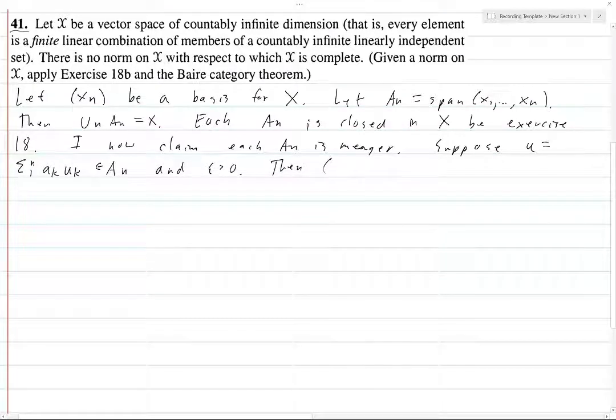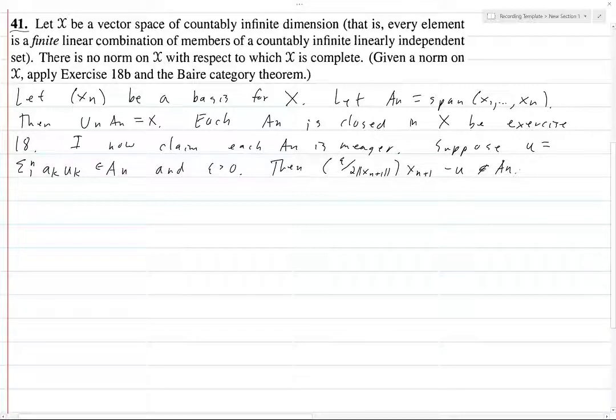Then the element epsilon over 2 norm x_{n+1}, and don't worry, we're not dividing by 0 here because this is an element of our basis, this scalar multiplied by x_{n+1} minus u is not in An.